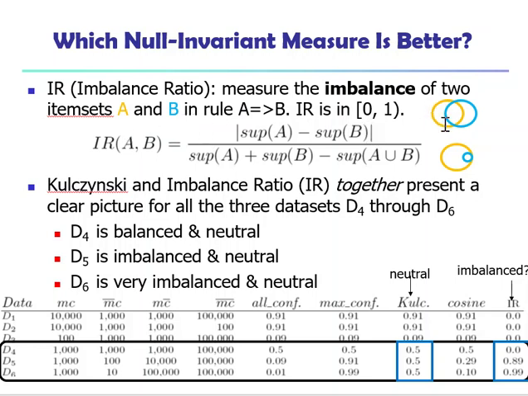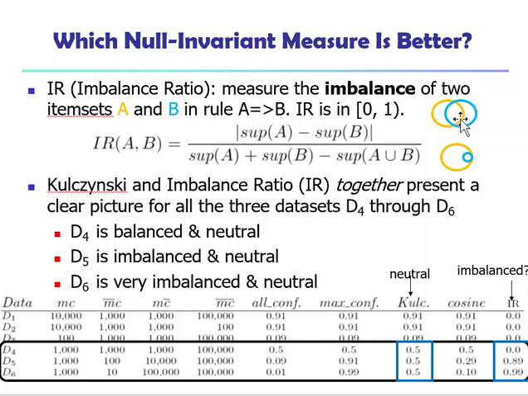We have item set A and item set B. If A and B look like this, the size of the circle indicates the support of the item set, and the overlap indicates whether there's association between these 2 sets. Looking at this formula, we can see when A and B have the same support, the imbalance ratio is 0, meaning those 2 item sets are balanced.